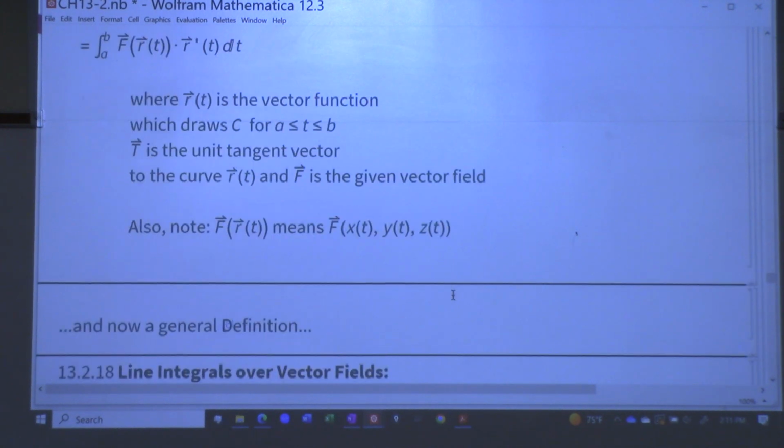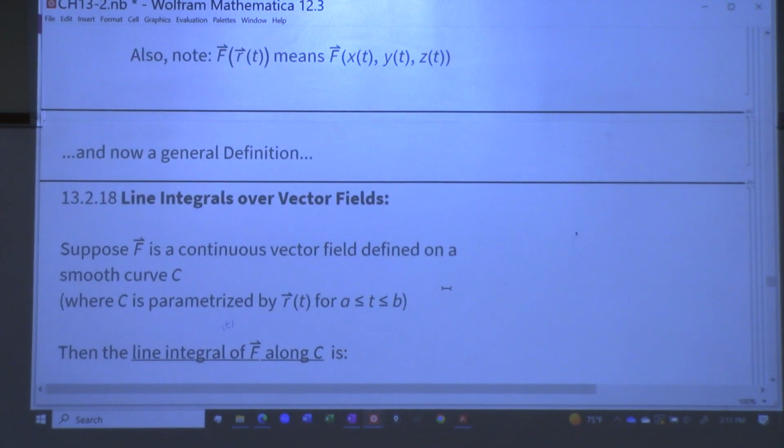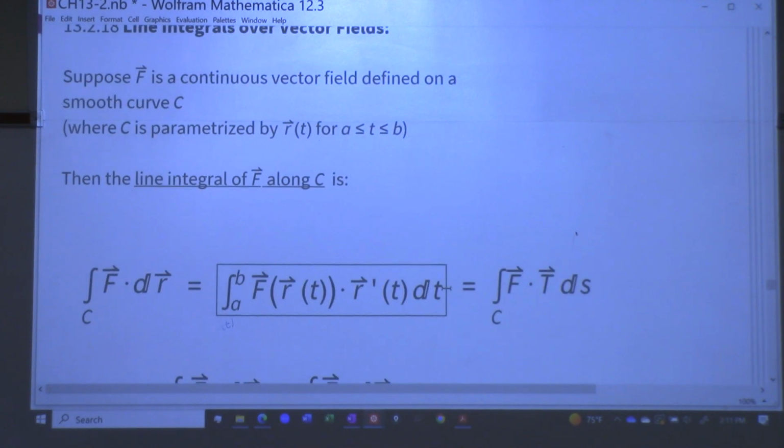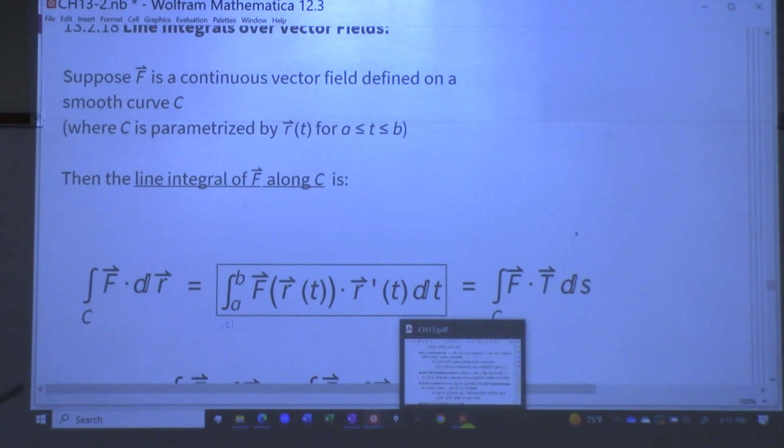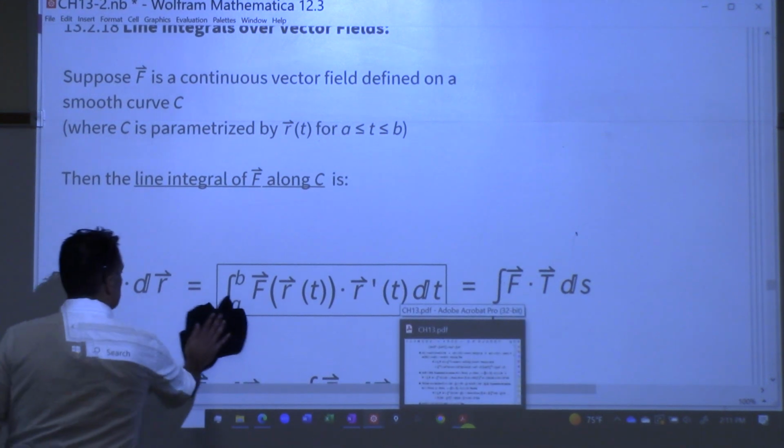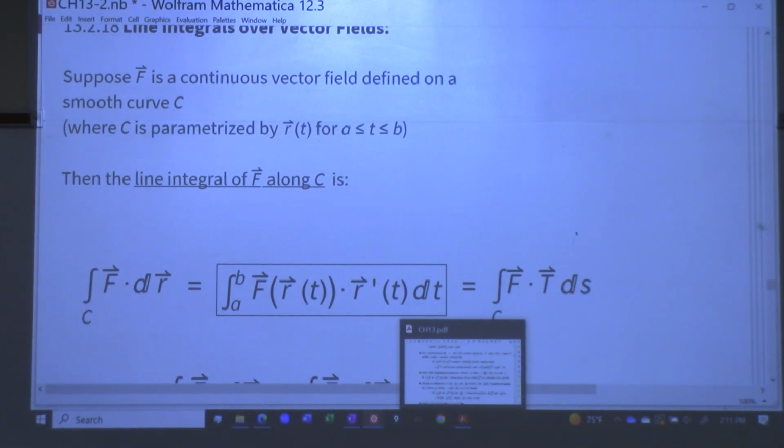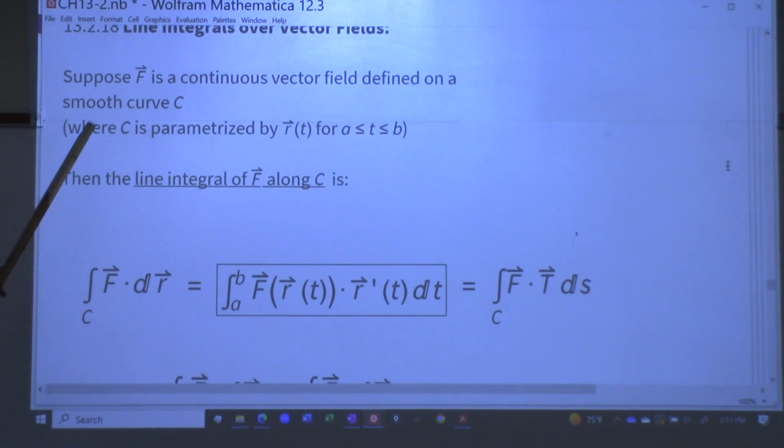And I summarize it with a final boxed version. Suppose you have a vector field. Now it has to be continuous. There are some restrictions because vector fields can be weird. They can have singularities and stuff. So this is a nice vector field, and your curve is smooth. We don't want any crazy curves.